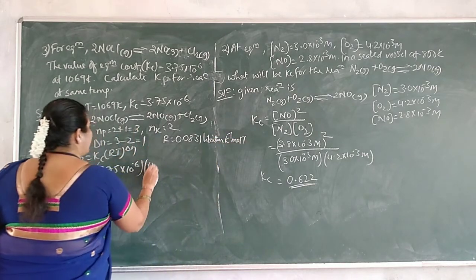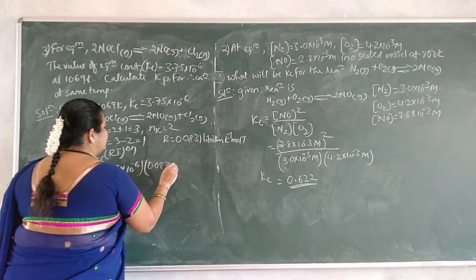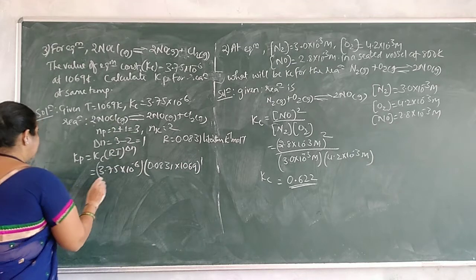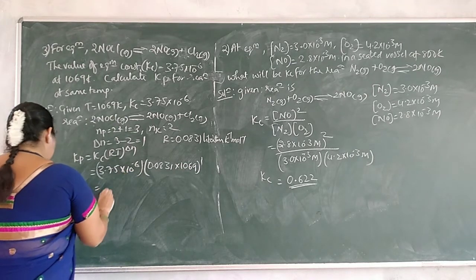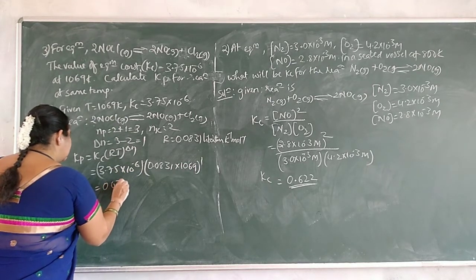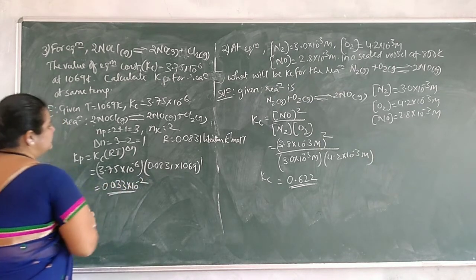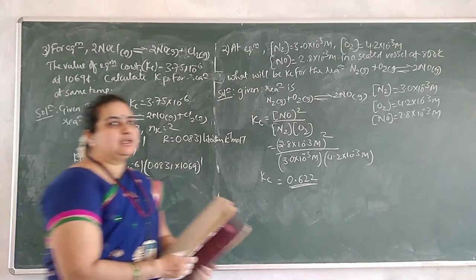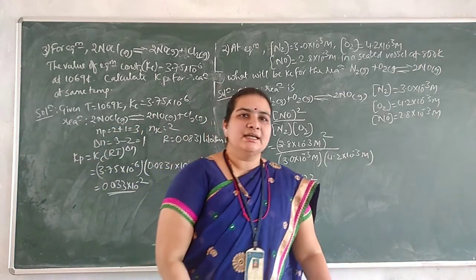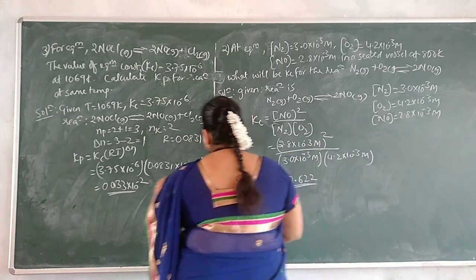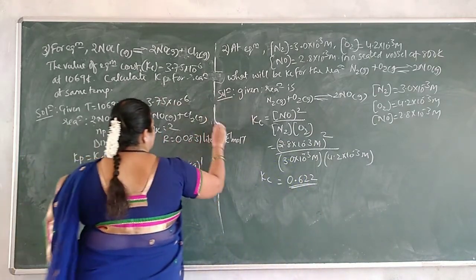So that 0.0831 into 1069 raised to 1. So that the answer will be 0.033 into 10 raised to minus 2. Okay. So here Kp is having no units because in the problem Kc is of no units. Now last problem I will give you as homework.